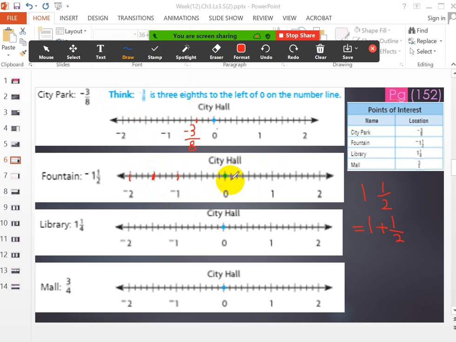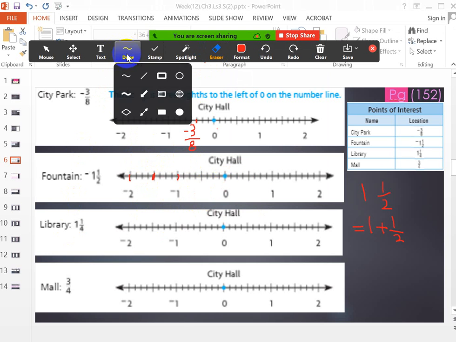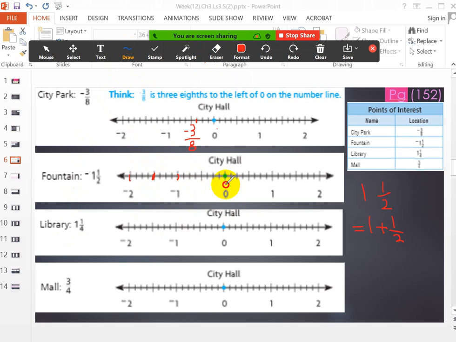So you have to move from 0, 1, sorry. This is 1 as a distance, girls, and this is 1/2 in the middle.